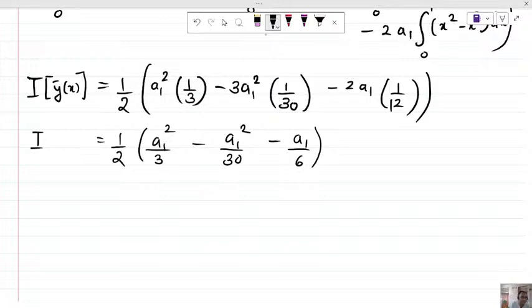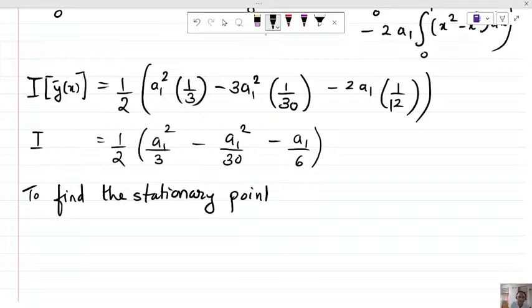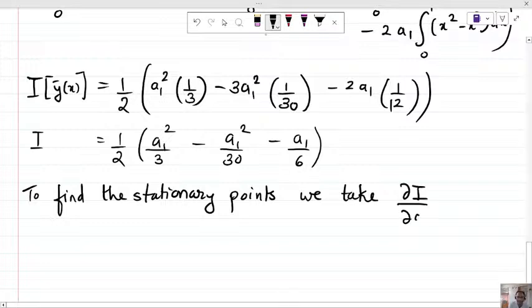Here we take the derivative. It is good to always take the partial derivative. So to find the stationary points we take the partial derivative of I with respect to a1 equal to 0.